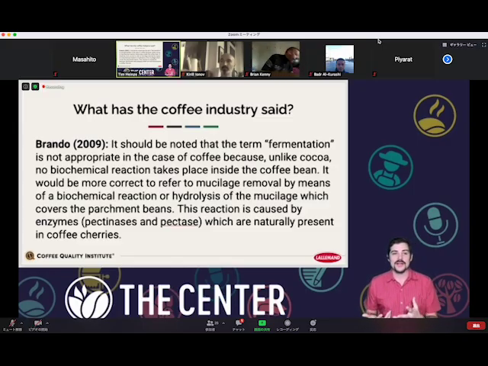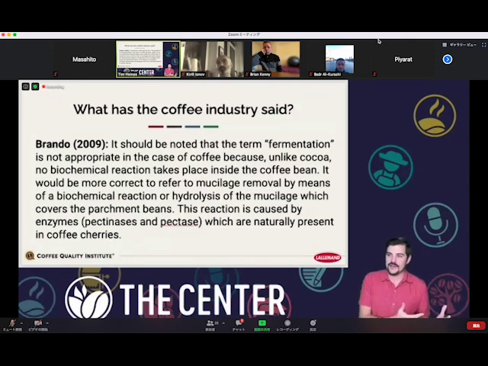But what I think it definitely points to is the clear early understanding of fermentation, that while yes, it could impact flavor, it was mainly in a negative sense. So most people were seeing fermentation as, for lack of a better term, a necessary evil, as facilitating the hydrolysis or the loosening of that mucilage to be washed free, but also, if done improperly, as causing defects in coffee.